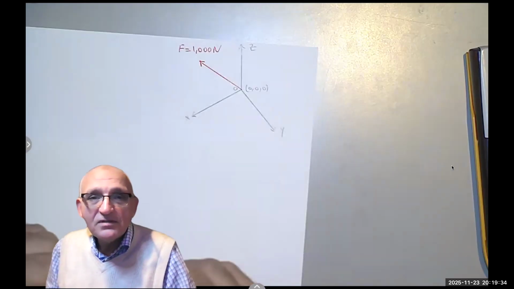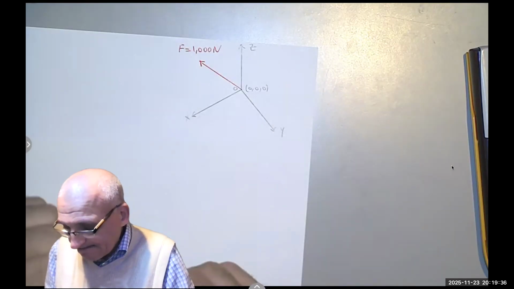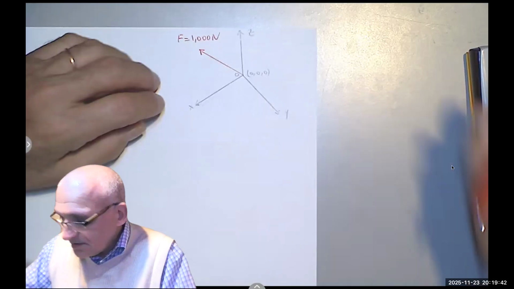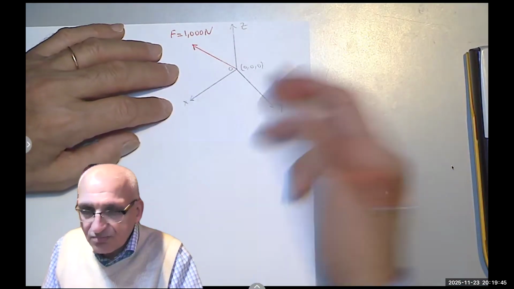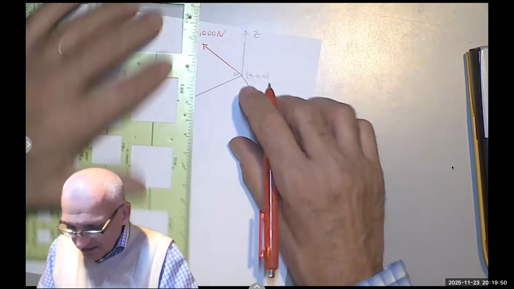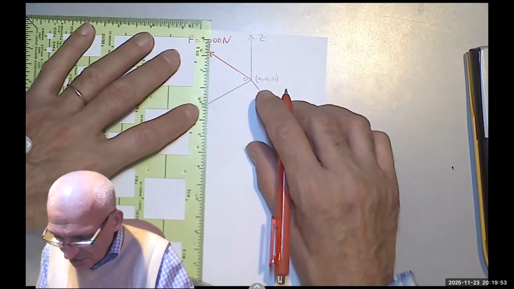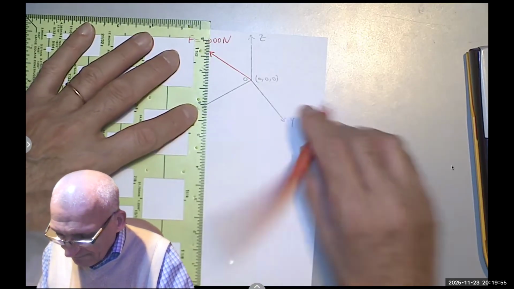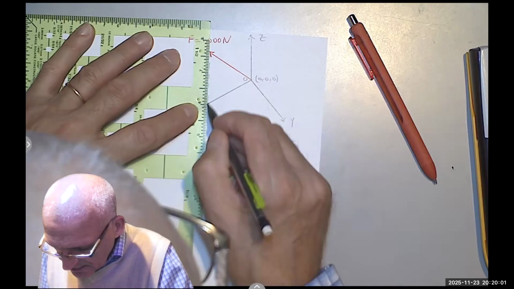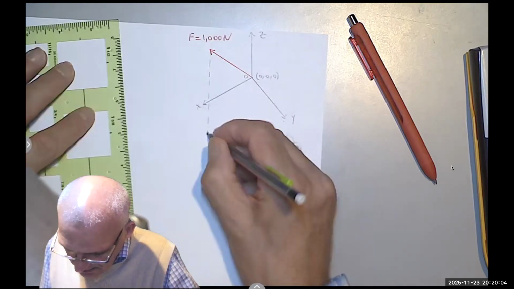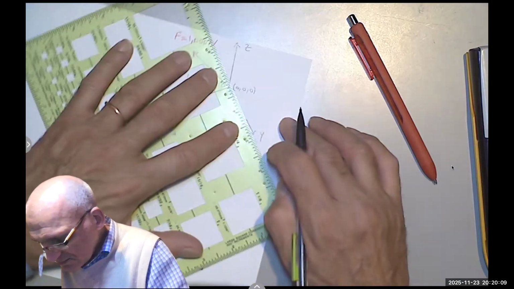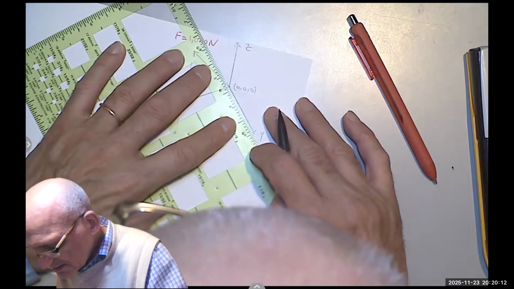Then they give you three things. They give you the length here. So let's make the length anything. We'll talk about that. I will discuss that in a second.